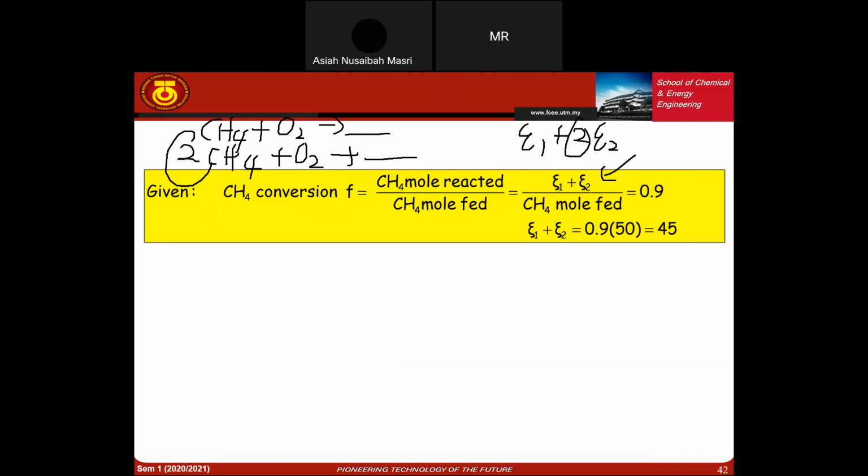The mole of reactant consumed must consider the stoichiometry. It's just that in this case, it's only extent 1 plus extent 2 due to the chemical equations. And then over CH4 mole fed is equal to 0.9. So how much CH4 was fed? We got from the question it was 0.5 times 100, that would be 50.